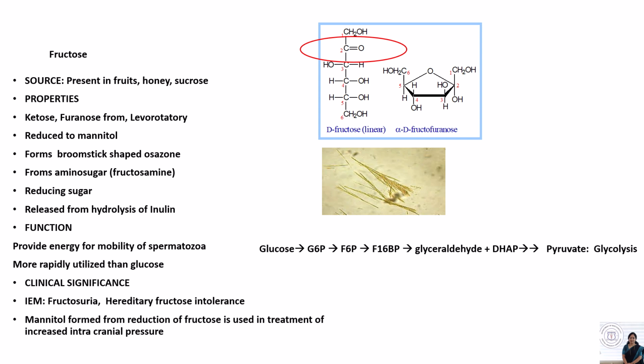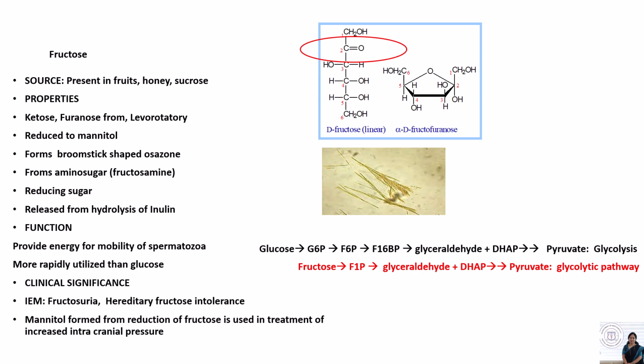Now this is the pathway of glycolysis, which starts with phosphorylation of glucose to glucose 6-phosphate, which is isomerized to fructose 6-phosphate and gets converted to fructose 1,6-bisphosphate, and this is broken down to glyceraldehyde 3-phosphate and dihydroxyacetone phosphate, and so on. At the end it gets converted to pyruvate. So now just see how fructose is metabolized in the body.